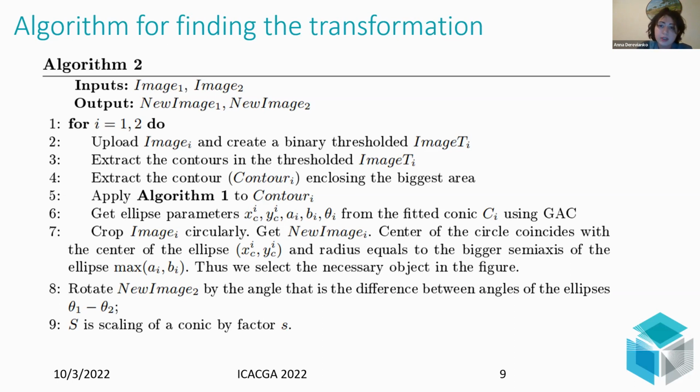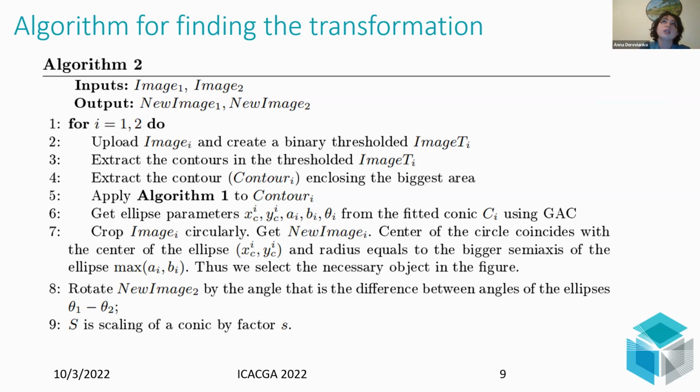We will fit a conic into the main contour, the biggest contour. Which conic will fit? We will fit an ellipse, because it turned out to be the most suitable conic for different types of objects. It doesn't matter if it's square or not, the ellipse captures the shape.